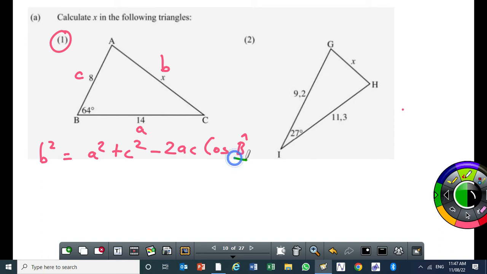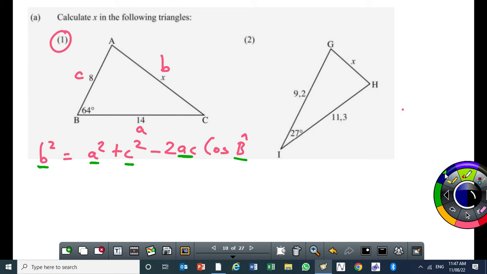This angle and the length you want to calculate, they must be on opposite sides of the equation. Alright? Then the two lengths that are given, you square the first one, you square the second one, then you subtract twice the product of the two. That's all. Okay? So let's substitute.